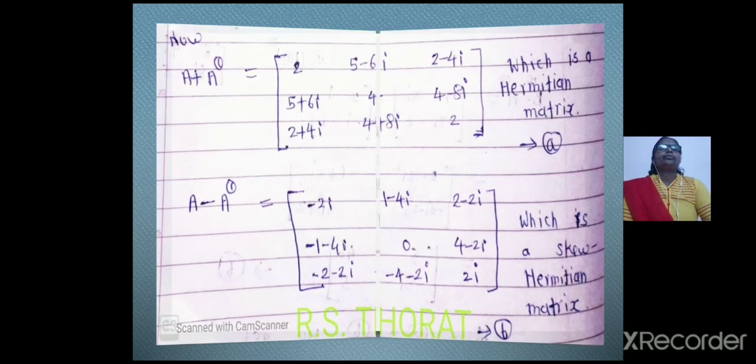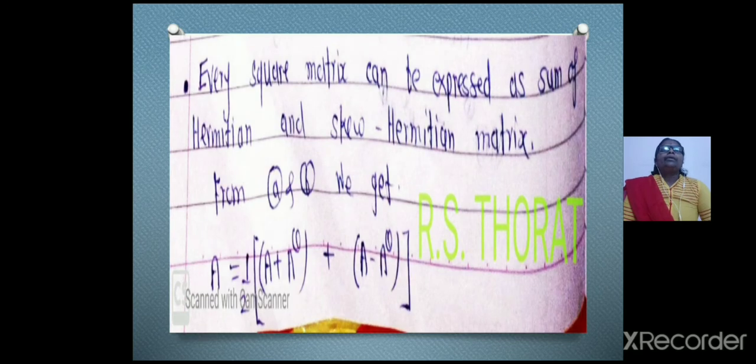From these notations, we see that every square matrix can be expressed as sum of Hermitian and skew Hermitian matrix. That is, given matrix A can be expressed as 1/2 into bracket, first bracket A plus A raised to theta, plus second bracket A minus A raised to theta, and the whole bracket is complete. Thus, every square matrix can be expressed as sum of Hermitian and skew Hermitian matrix.